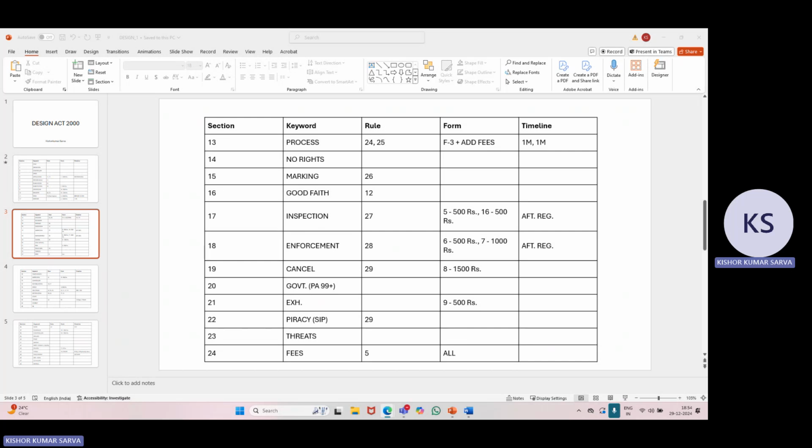Within 1 month he needs to reply, but he can use Form number 18 for up to 3 months, and a copy is sent to the petitioner also. Then the petitioner can reply to the controller within 1 month, but again with Form 18 up to 3 months, and a copy of that will be sent to the registered proprietor.